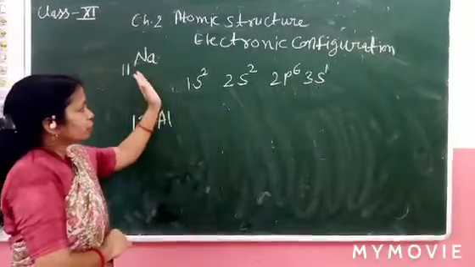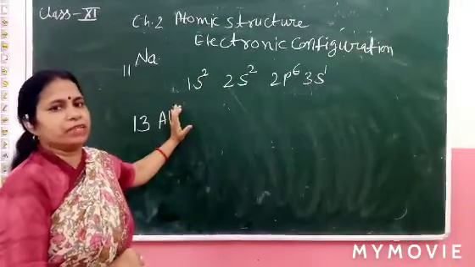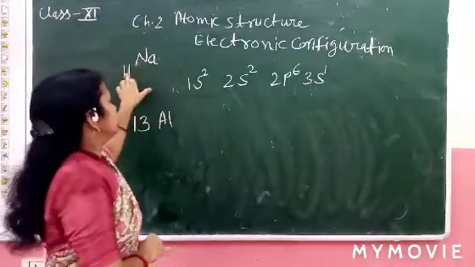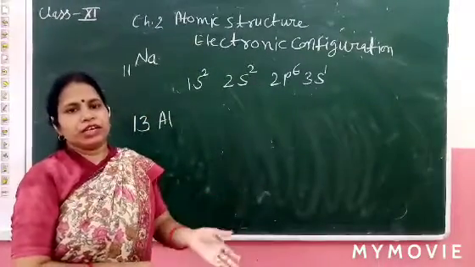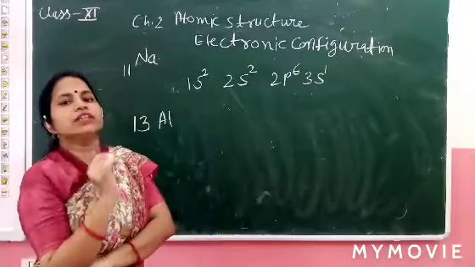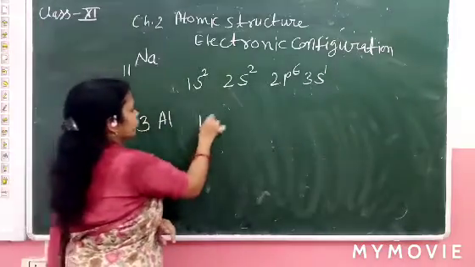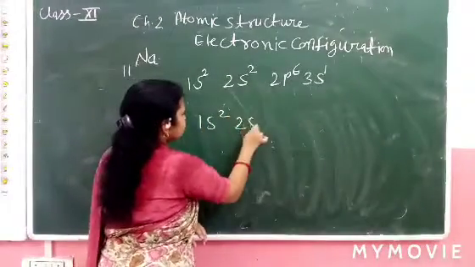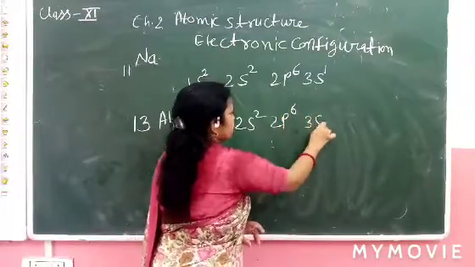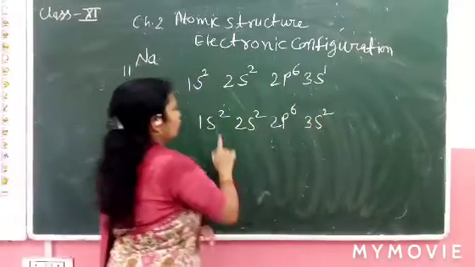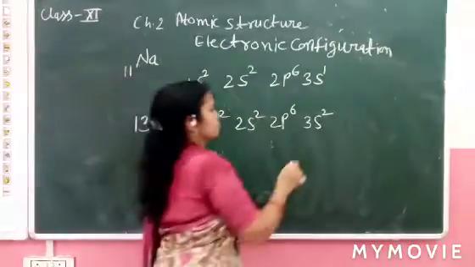In the periodic table we have to learn all 118 elements, but we can take any example: 11, 10, 12, 13 and check with the list. You have to solve these examples like this: 1s2, 2s2, 2p6 and maximum capacity 3s2, 2, 2, 4 and 6, 12, 1 electron is also here.